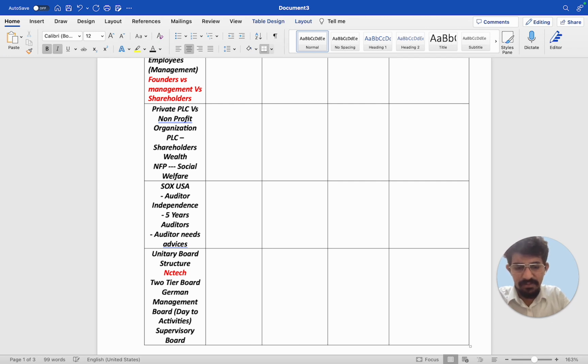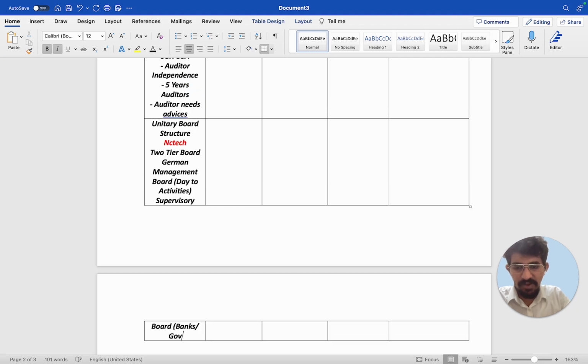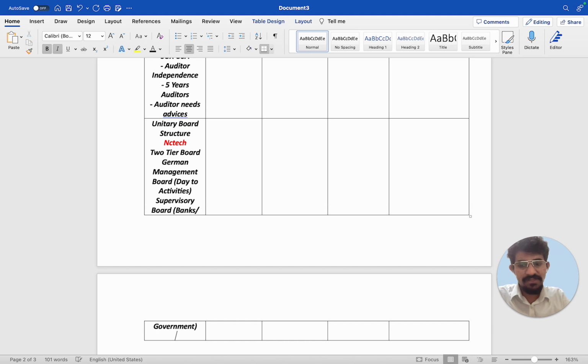So supervisory board is generally like bank, government, funds, all those things. Now these are like Germany, Japan, all these countries have this. But the issue is these are good for state-owned enterprises. Now, if you see in India, students, there is something called Mysore Sandalwood Soap.